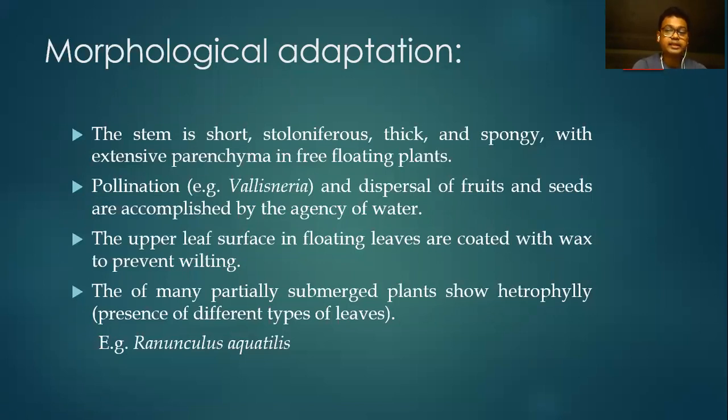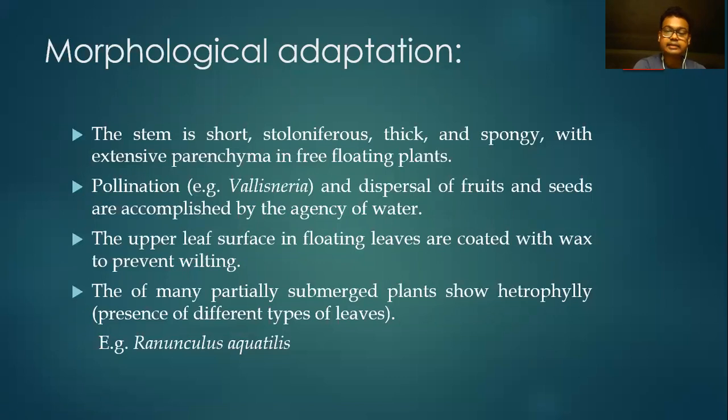Next, pollination. This is very important. We know that pollination is required for reproduction, for fruit development and seed development, and in the case of water hydrophytes, the dispersal of fruit and seed is also accompanied by the water.